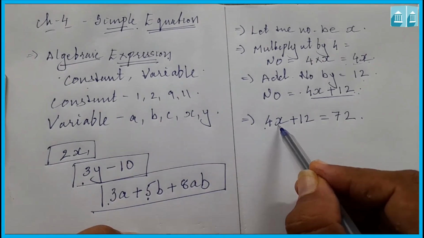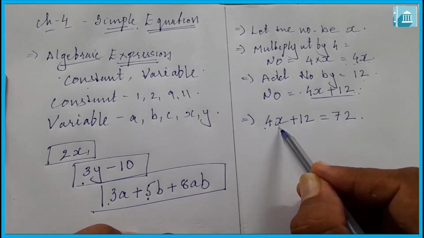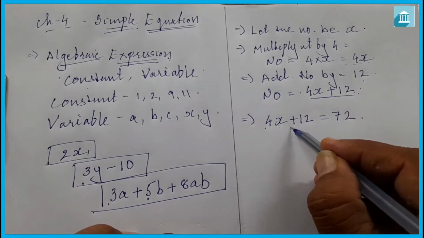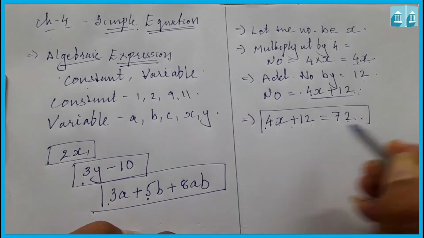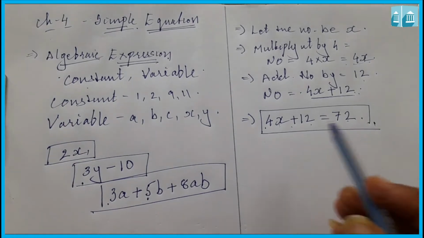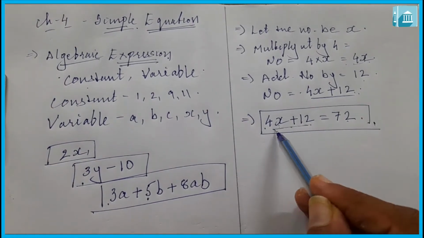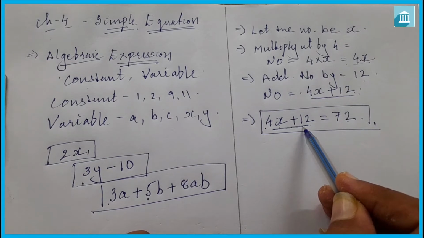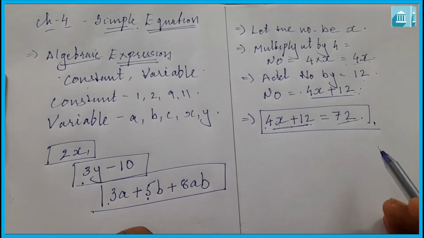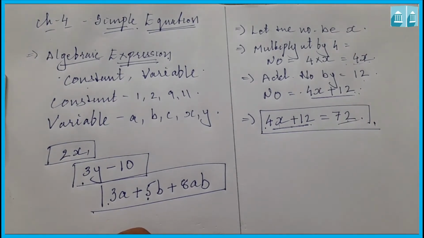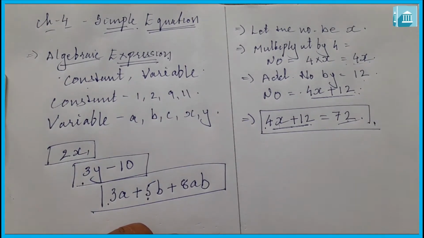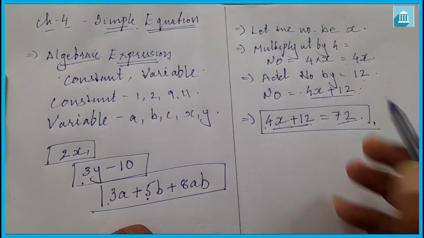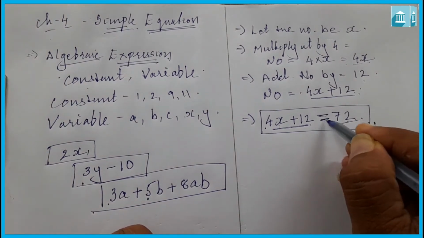When I multiply the number by 4 and then add 12, it will become 72. Now just look at these two expressions here. One expression is 4x plus 12, another expression is 72. Now this is called an equation, when two expressions have an equal to sign between them.